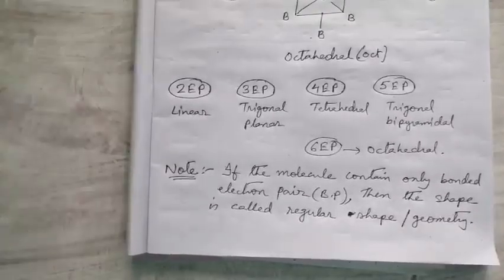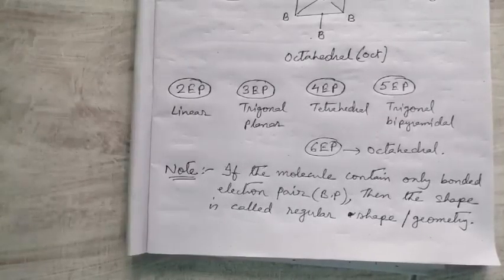Okay, now if there are lone pairs, then the geometry deviates from regular geometry, and we need to find the exact shape of the molecule. Now we will be solving examples where you will see how the geometry deviates from regular geometry.